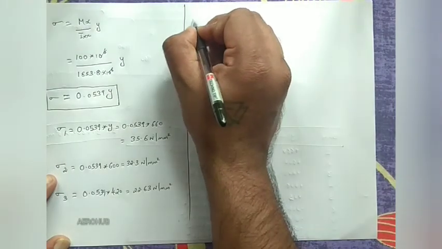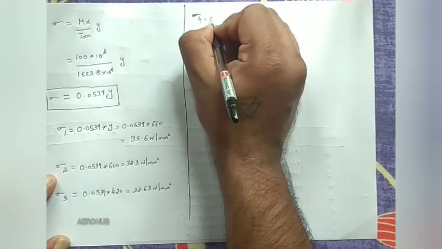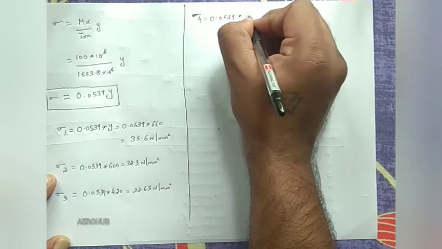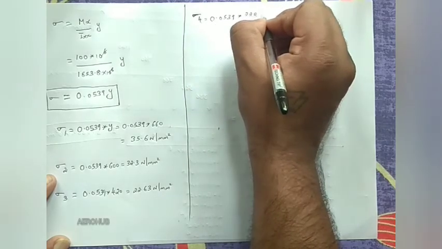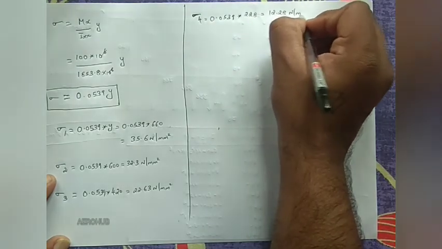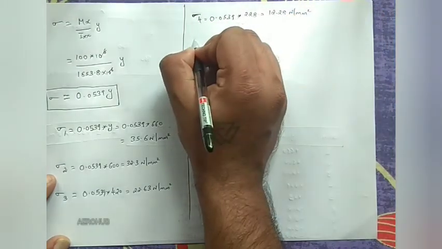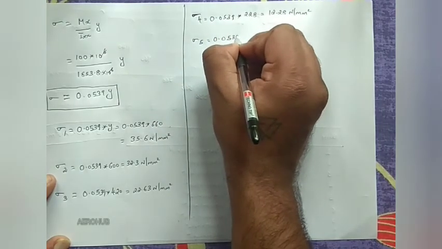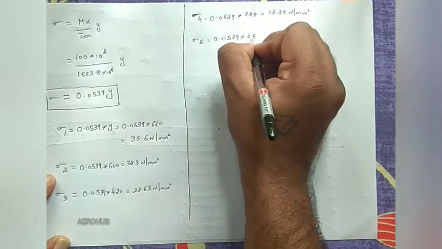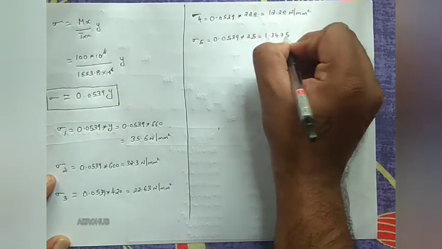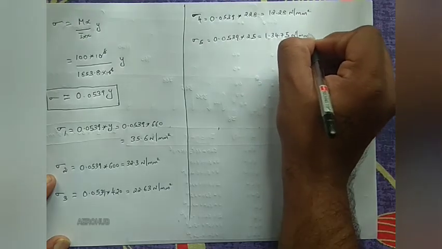And sigma 4 is equal to 0.0539 into 228, that will be 12.28 Newton per millimeter square. Sigma 5, that is 0.0539 into 25, that is 1.3475 Newton per millimeter square.